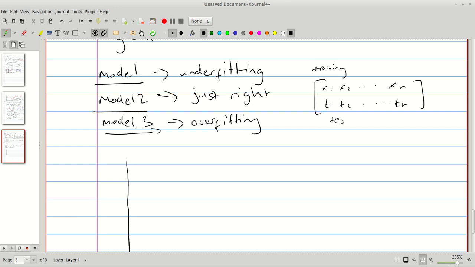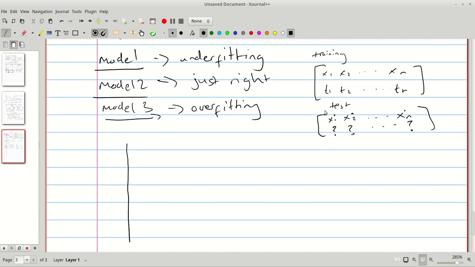And then in our test set, we would be given x1, x2. These are different x's, by the way. Let me just put something here so that you know that this is something different. But we don't have the corresponding targets. This is what we're trying to predict, right?